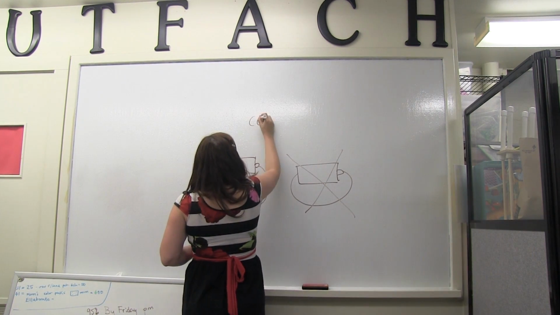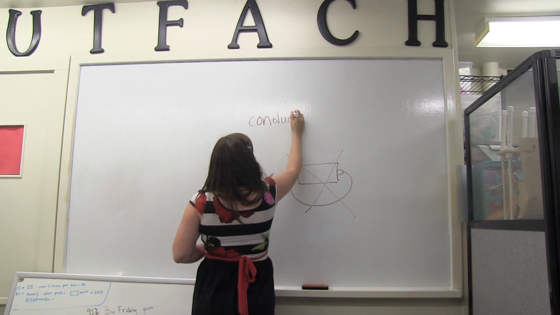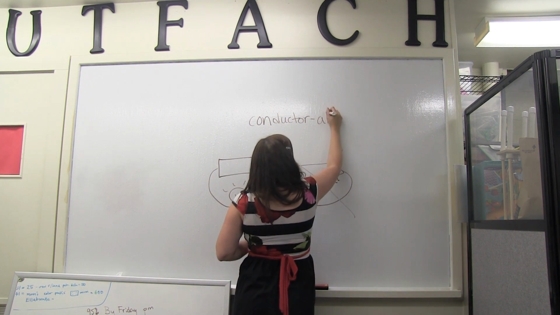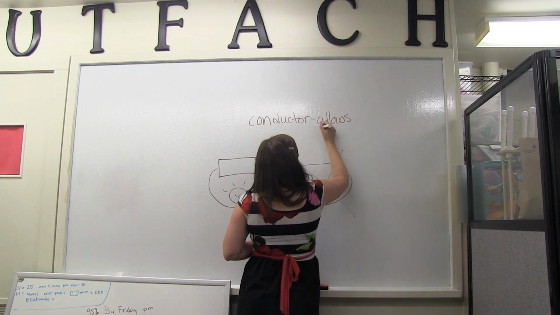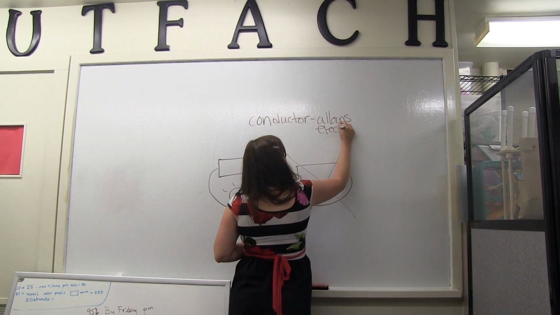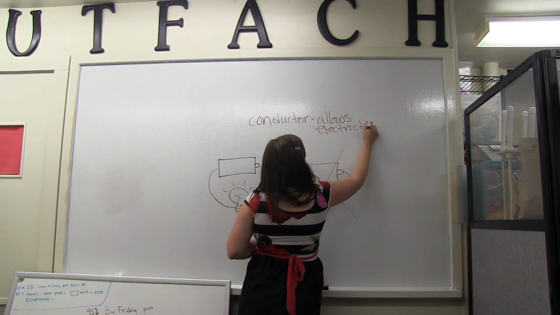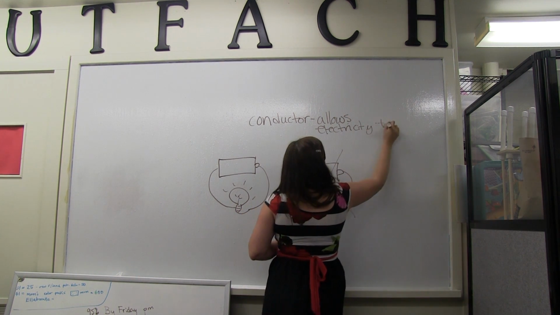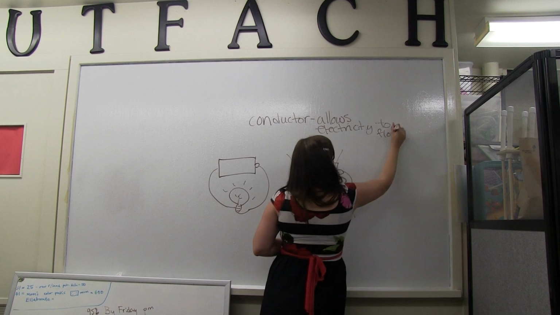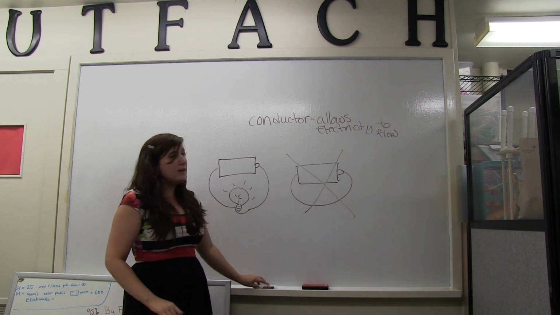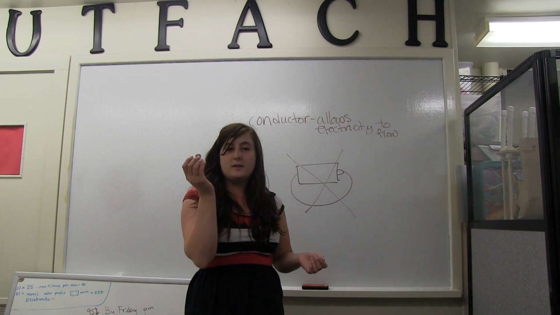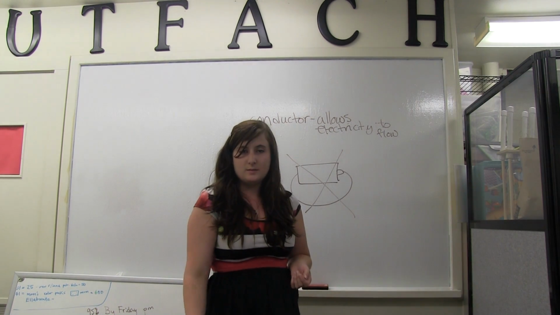So a conductor is a material that allows electricity to flow. So a conductor is a material that allows electricity to flow. And we saw that our penny was a conductor.